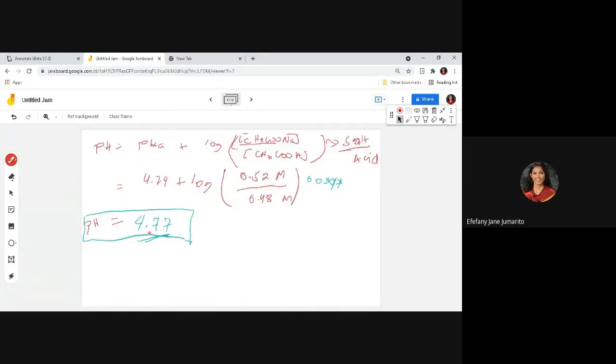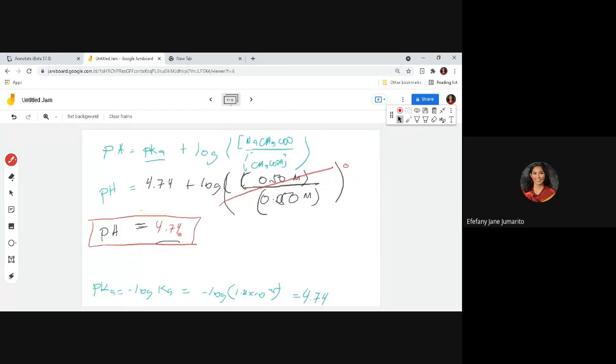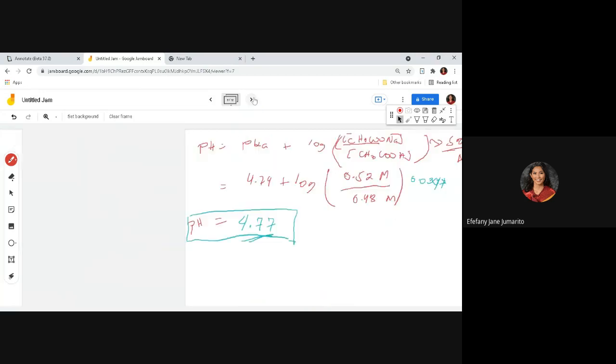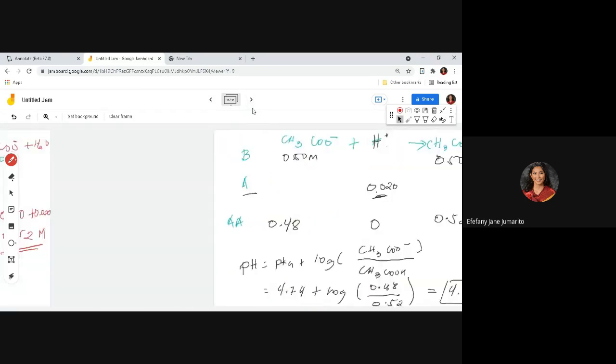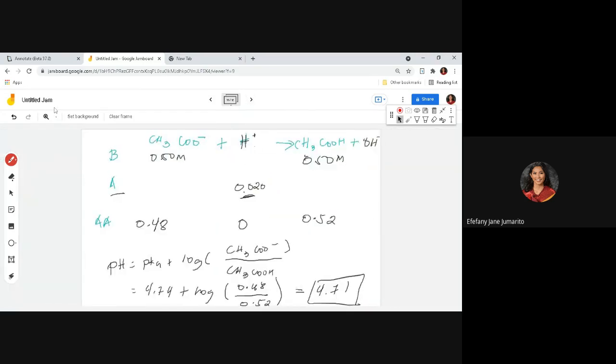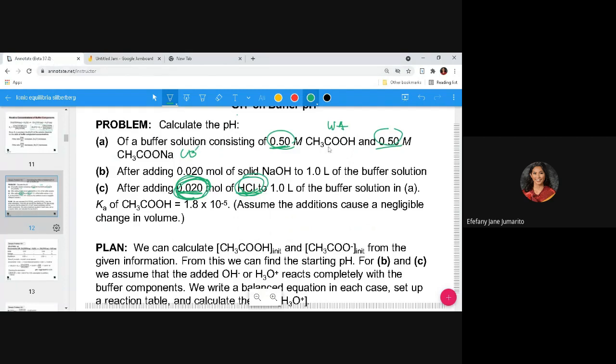Like this one, 4.77, and this one 4.74. So the pH change is only small, very small, because your buffer is very effective. It's very effective because, again, the concentrations are just the same.